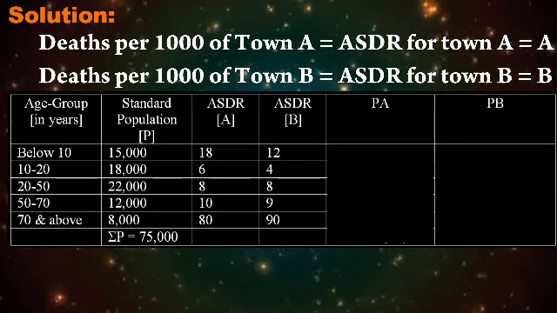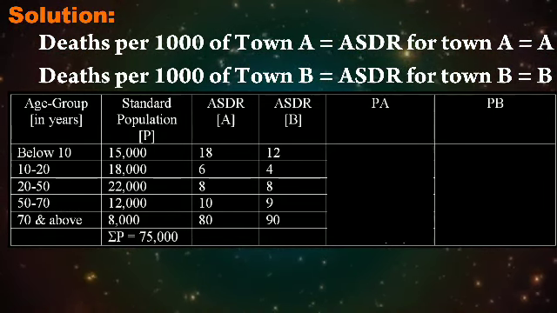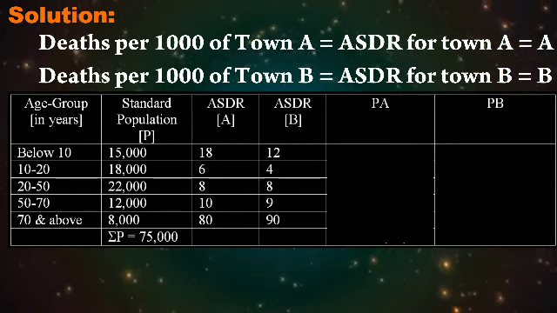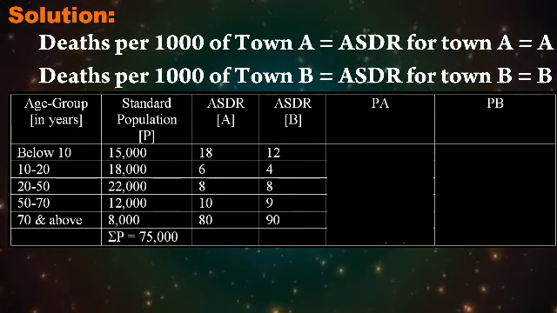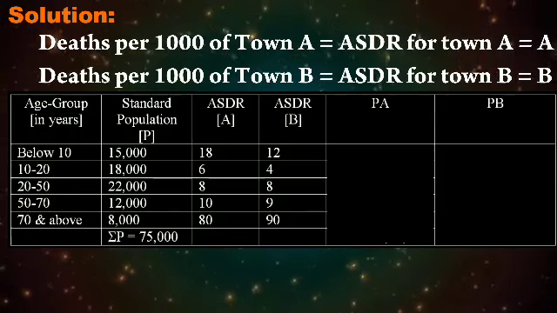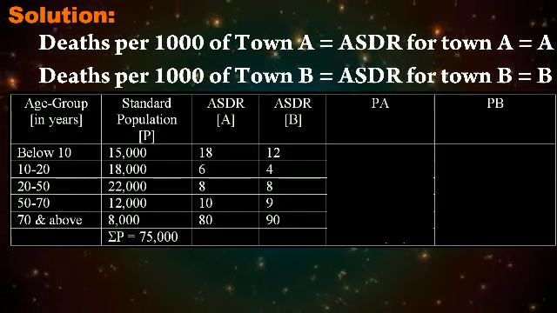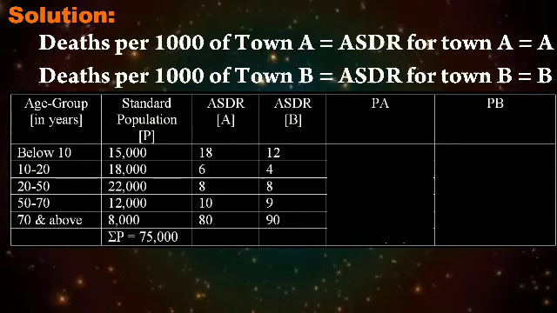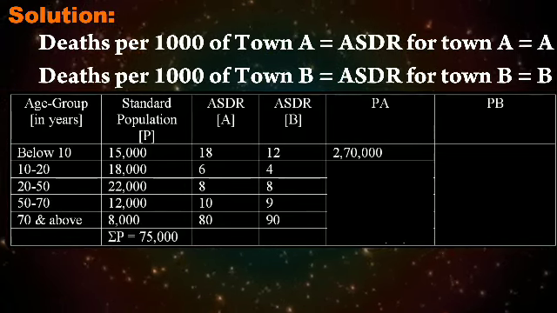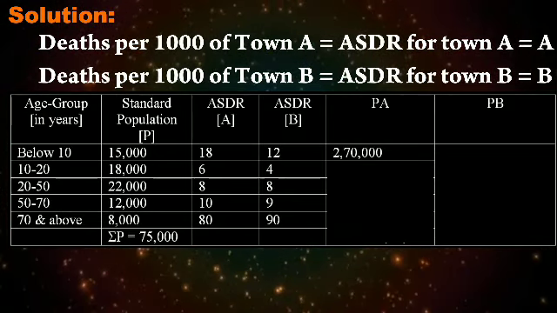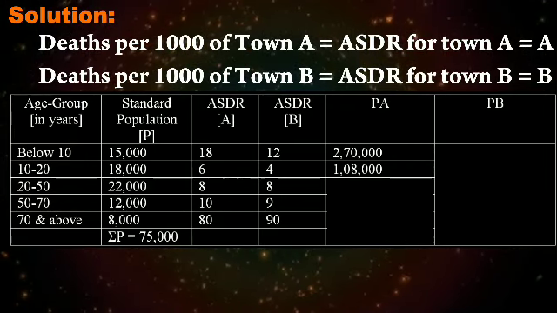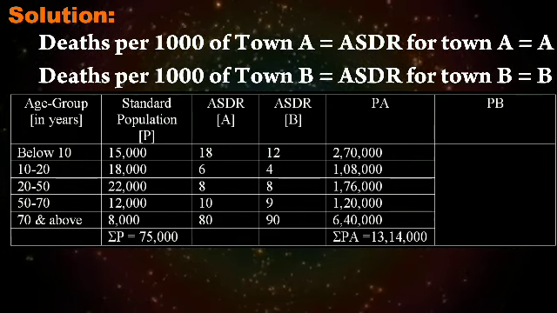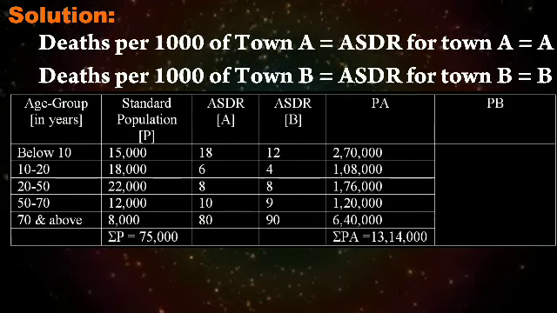In the next column, find PA, the product of standard population multiplied by ASDR of A. Find PB, standard population multiplied by the ASDR value of town B. Find PA, that is 15,000 multiplied by 18, 2,70,000. 18,000 multiplied by 6, 1,08,000. Similarly, compute the rest of the values and find the total of that column.